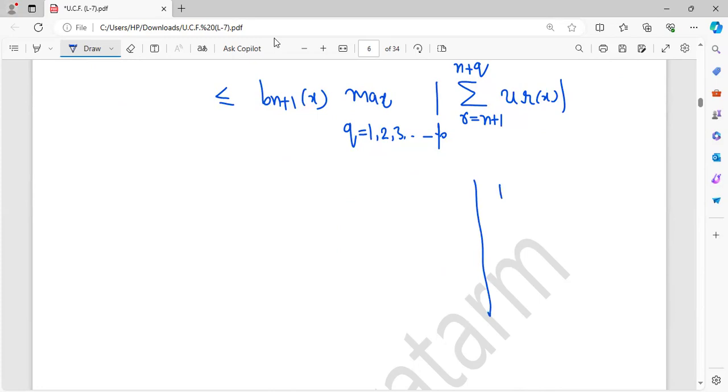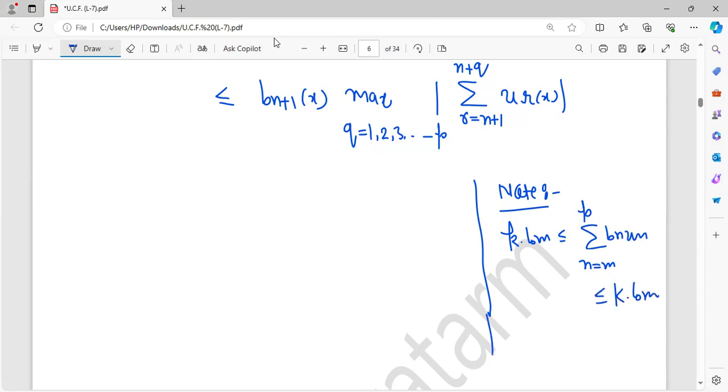In Abel's lemma, we know this happens: the sum is bounded by k times b m, with k the bound on the partial sums. So we can take the maximum of the absolute values; let's call it alpha.